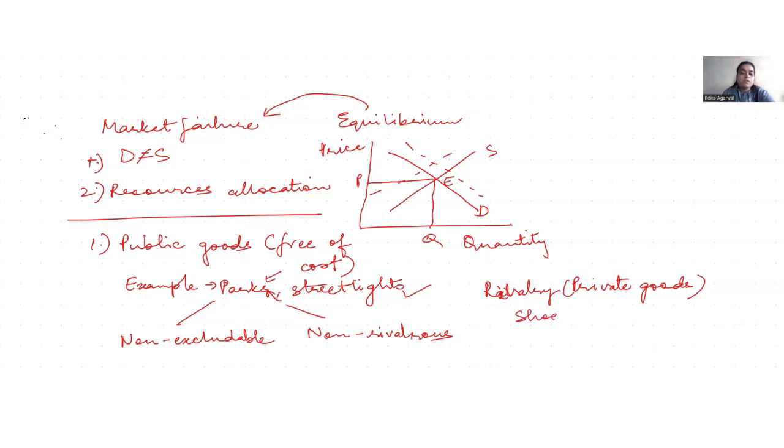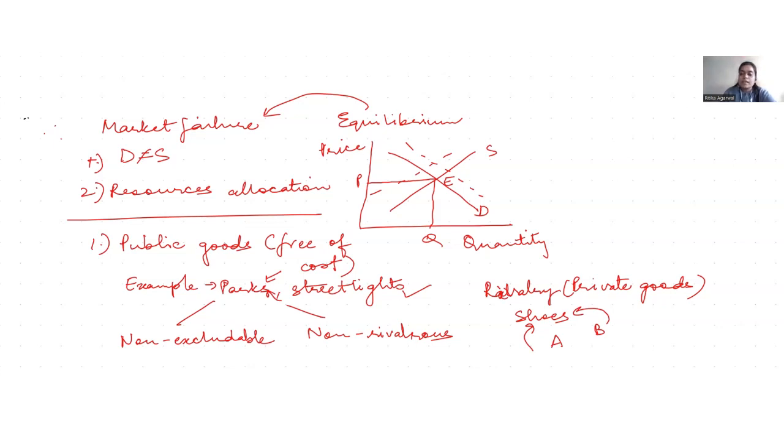A prescribed number of shoes are produced by a particular firm and sold in the market. If person A buys a pair of shoes, person B cannot buy the same pair from the market, right? So private goods are rivalrous in nature.